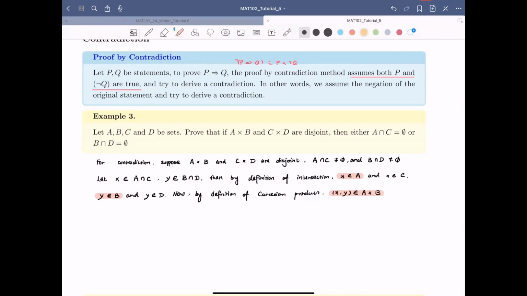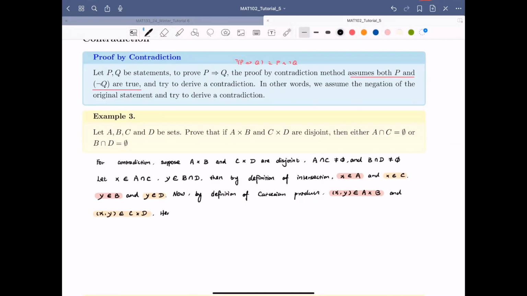And similarly, X is in C, Y is in D. It's gonna give me X, Y is also in C Cartesian product D. How do we get this? We get it from the highlighted part.